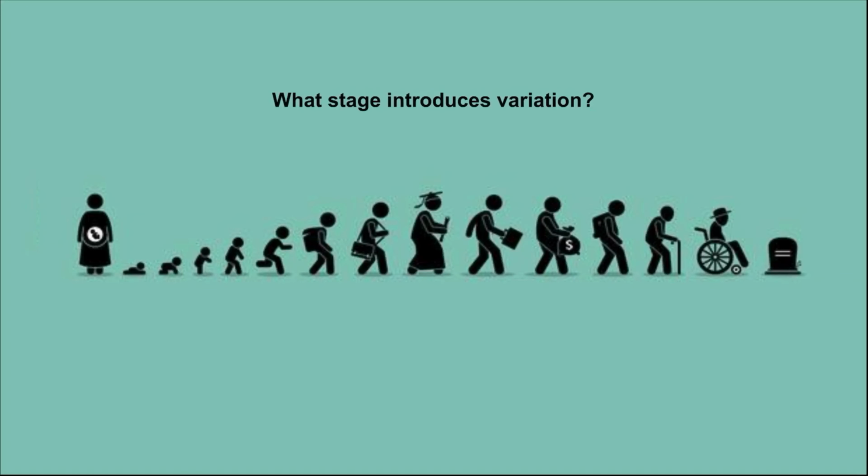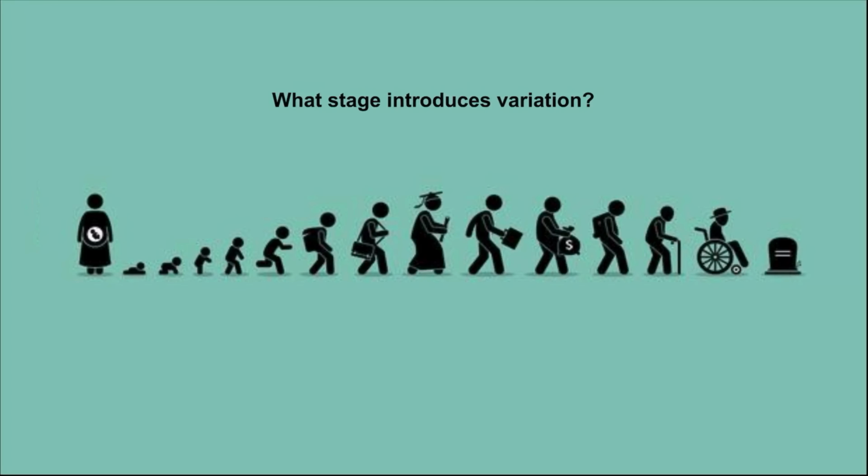You can see here there's the development of a person from an infant to a toddler to a child to an adolescent. Then they're an adult going to school, and they get a job, and then they get older, and finally they pass away. Well, this is kind of the cycle of human life, but which stage actually makes that kind of variety that we just saw in those last few examples?